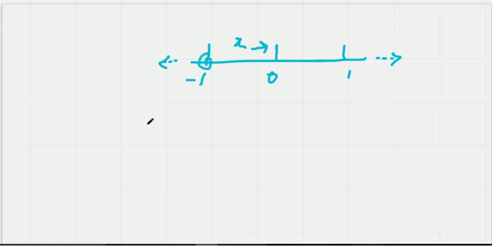Okay. Now let me circle this. Now when x tends to 0 from the right hand side, my x is here. Now the greatest integer which is less than or equal to x is 0.